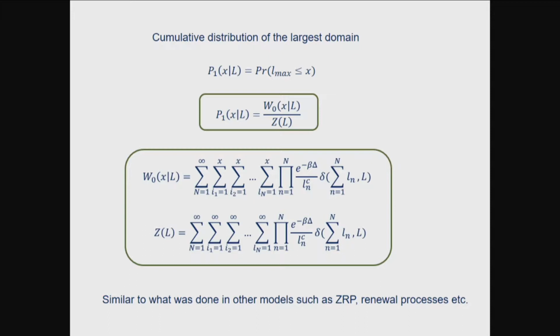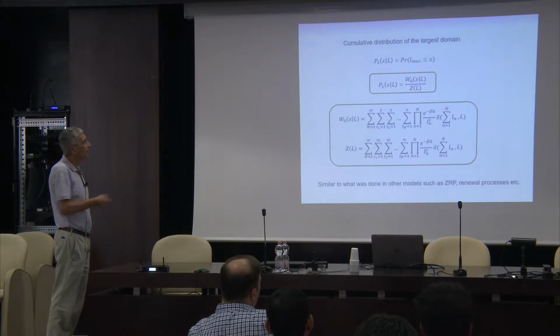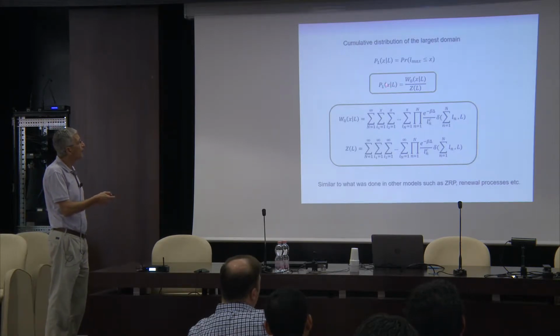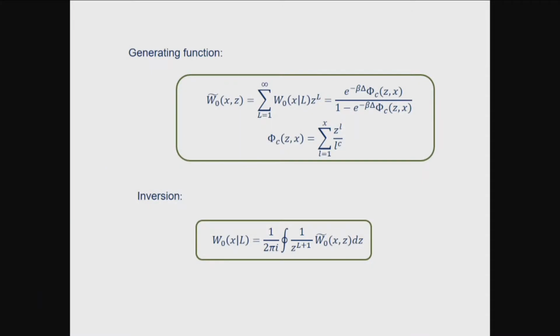ZL is the full partition sum, and basically the ratio gives you the probability that the maximal domain size is less than x. Okay, so you calculate it, then you calculate W of x and z, and you invert it, and that's how you can calculate it.